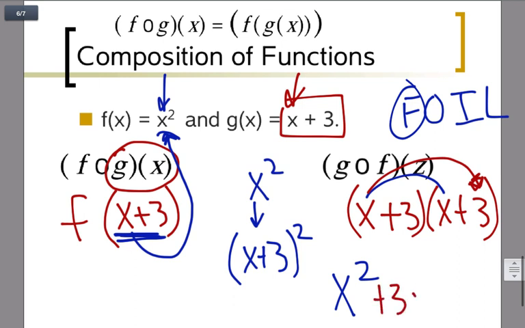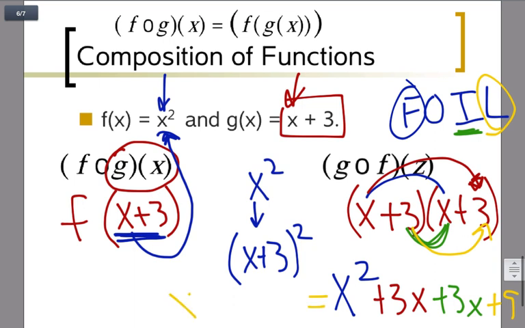Plus 3x. And then we have inners. The inners are the inmost ones, 3 times the x, which is another 3x. And then finally we have our lasts, which is the 3 times the 3, which is plus 9. And then you would just simplify that to be x squared plus 6x plus 9.